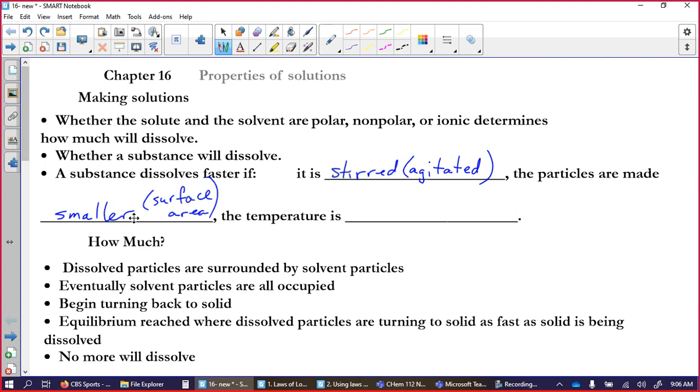And with solids, the other thing to do is you increase the temperature, which is ironically different for a gas, which today is Thursday. So at some point next week, we'll probably be able to talk about gases quickly.